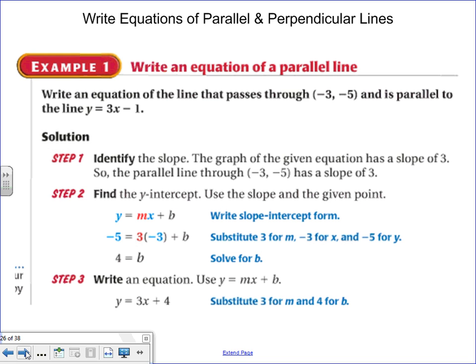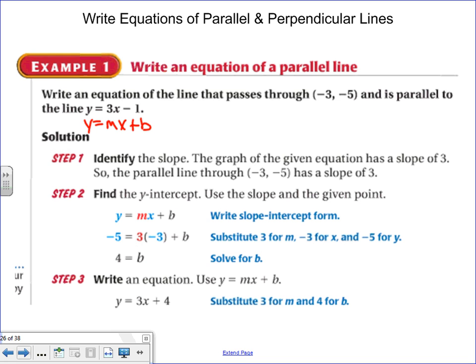Now moving on to our first example here. We're going to write the equation of a parallel line. If you remember what we've talked about so far, we have been using y equals mx plus b as our slope-intercept form equation.